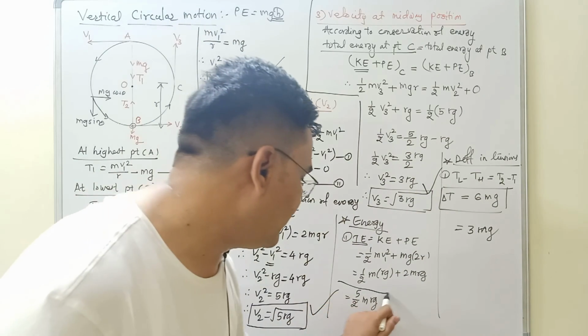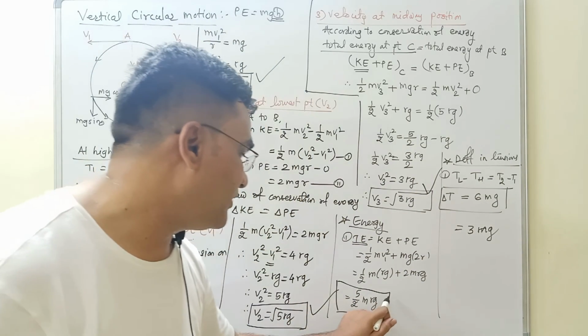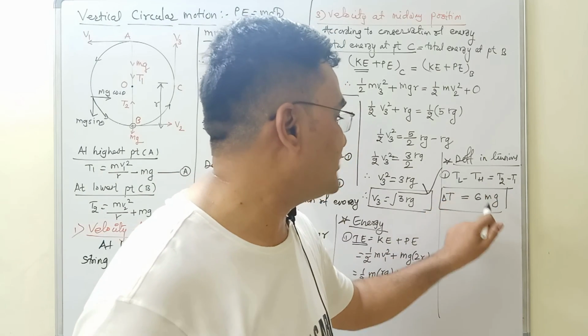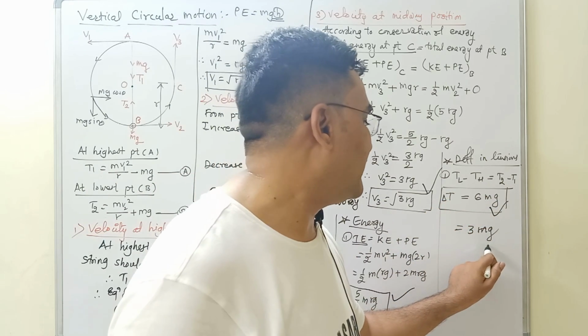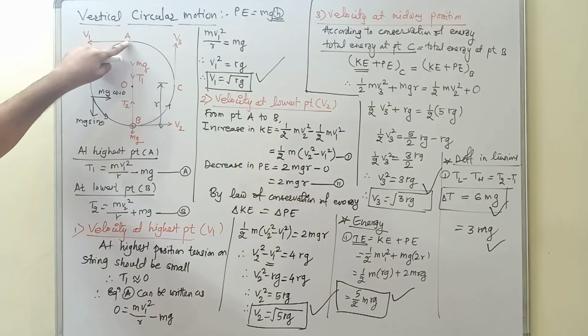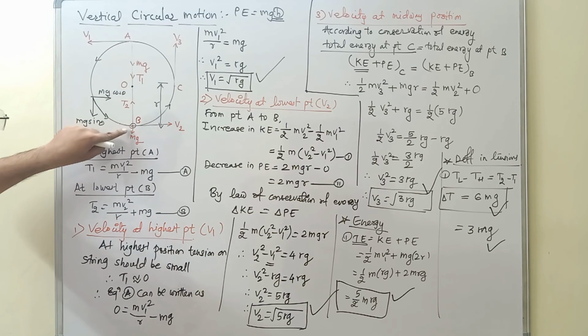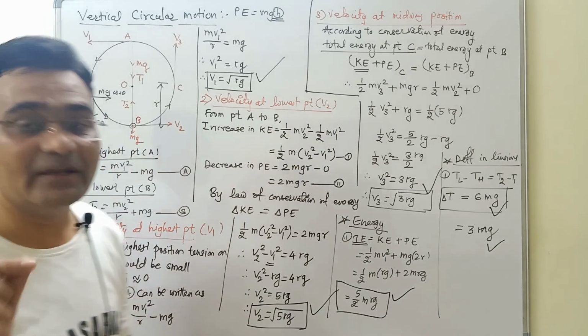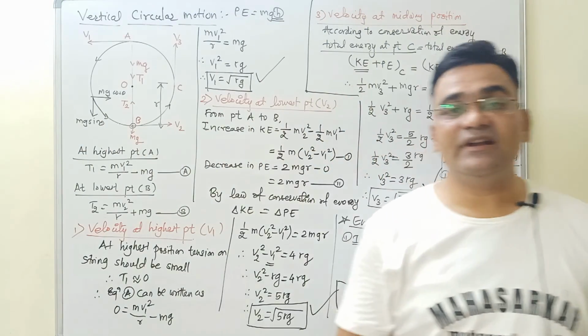Energy of a particle in vertical circular motion is 5 by 2 mrg. The tension difference between lowest and highest position is 6 mg, and between lowest and midway position is 3 mg, because at the highest position tension is 0. Here 0, here 6 mg, so the mean tension here is 3 mg. I hope you understood this article.